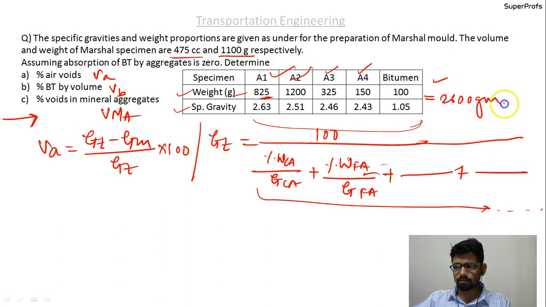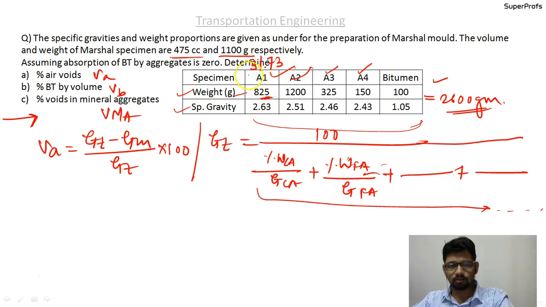So the percentage weight of A1 is 31.73%. Similarly calculate for A2, A3 and A4.